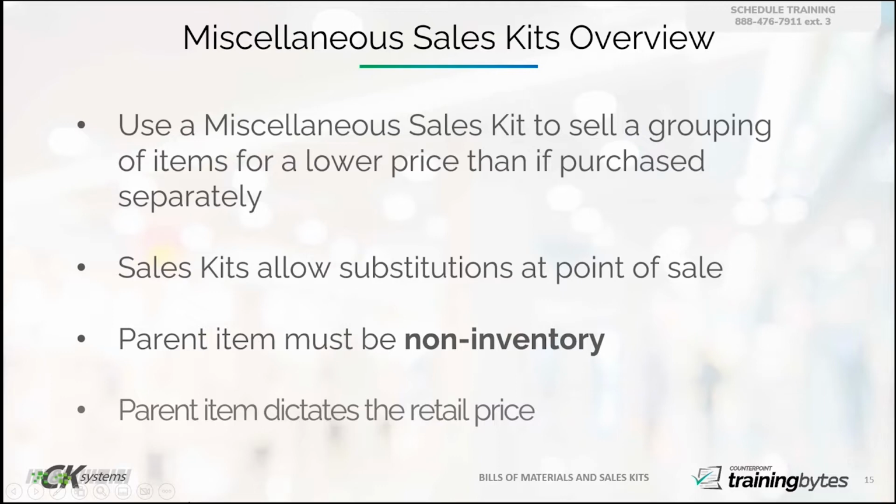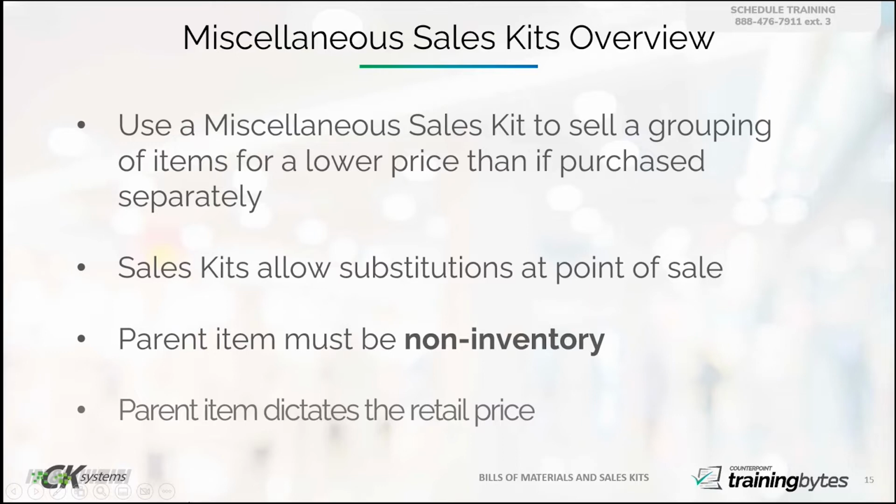I'm just going to have an impact table and say, select any flavor lotion, any flavor shampoo, any flavor soap, or any flavor mist for one low price. And when it comes to your customers, they can actually substitute. So, by default, it's the eucalyptus flavor. But then the customer says, no, instead of eucalyptus, I want lavender. So you're allowed those substitutions on the fly at point of sale.